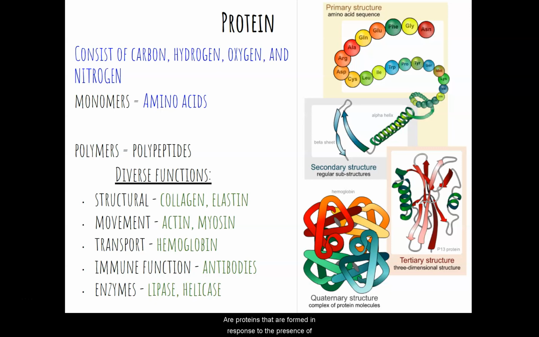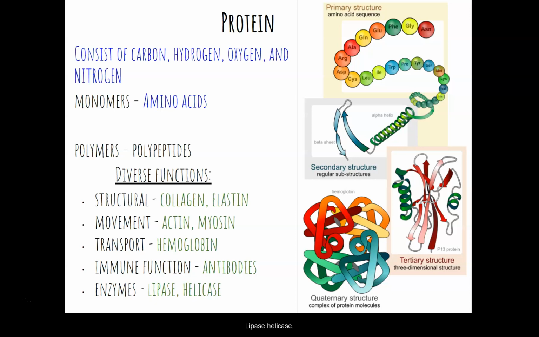Antibodies are proteins that are formed in response to the presence of antigens or small molecules from pathogens in your body. And enzymes that you use to digest food and to run all of the chemical reactions in your body are also made from protein.